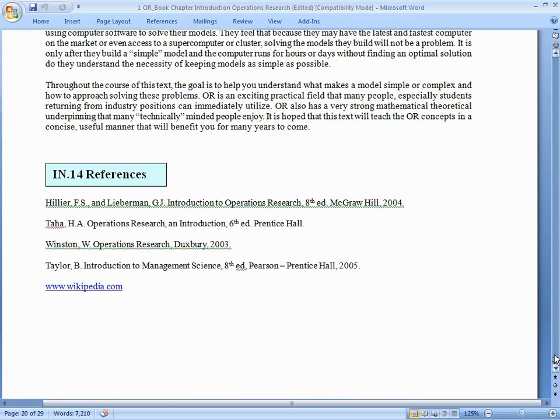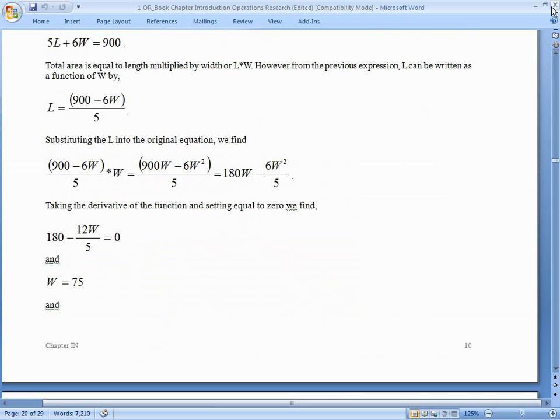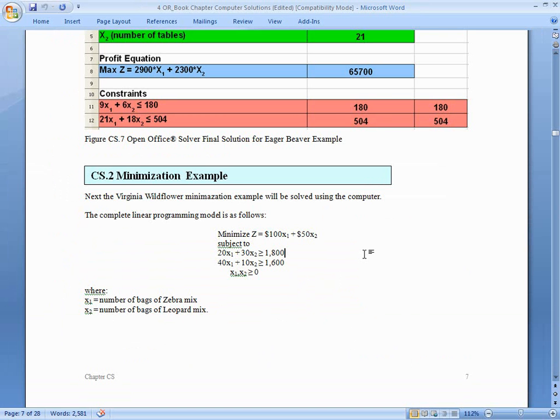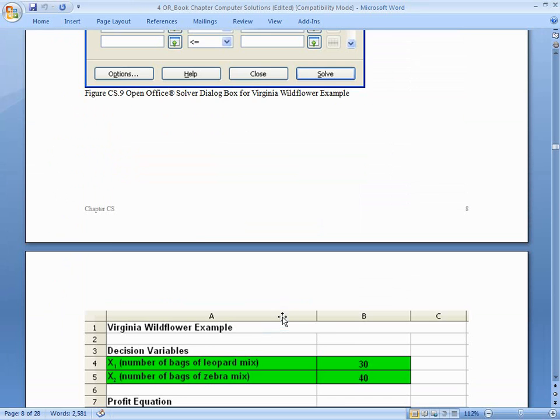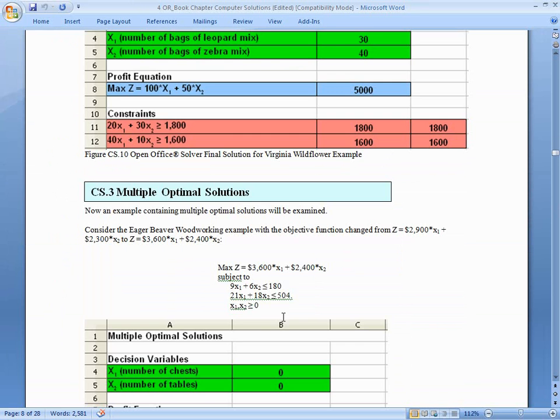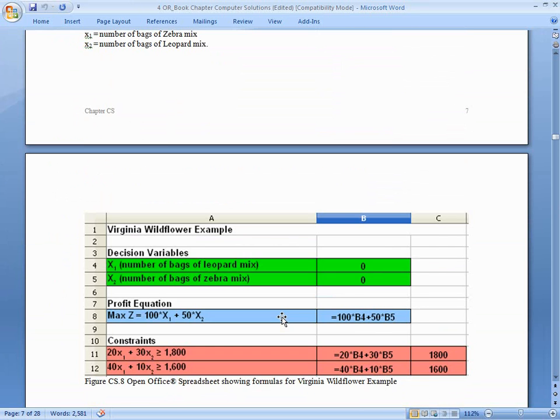I don't think it was Chapter 1. Maybe it's Chapter 4. But anyway, forgot what my constraints were. And anyway, this is a minimization problem. I'll get back with you on that.